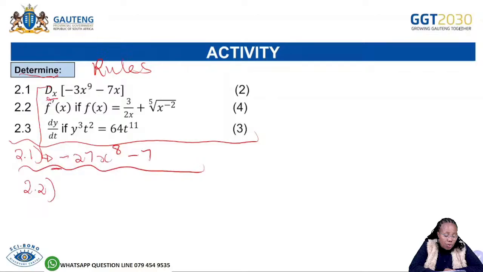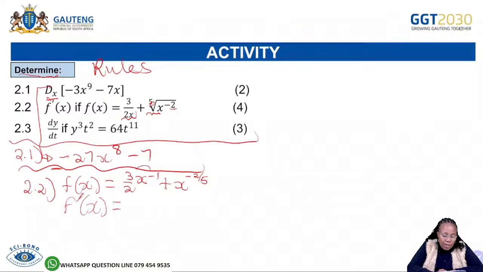And then 2.2, now we have f at x equal to that. We can't derive with the root sign and the denominator x there. Simplify first, it will be 3 over 2. We take x up, it will be minus 1. Write this in exponential form, it will be minus 2 over 5. What comes out of that? It becomes over there, okay? And then now let's derive using the rules.